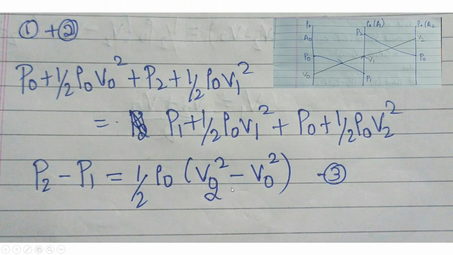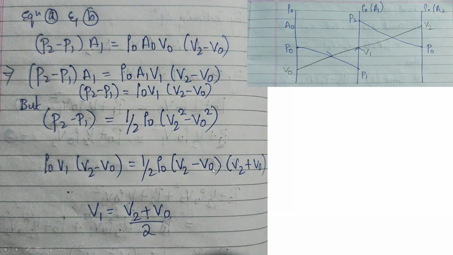So rho naught V1 into V2 minus V0 is equal to half rho naught, A square minus B square, A plus B and A minus B. So with this we'll cancel rho naught and V2 minus V0, which will imply V1 is equal to V2 plus V0 by 2.